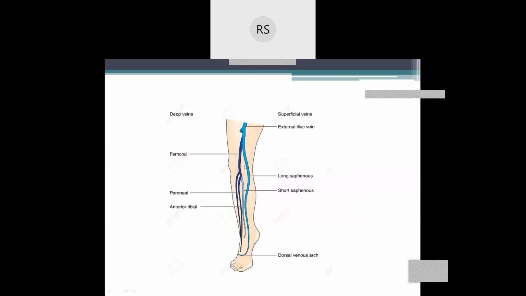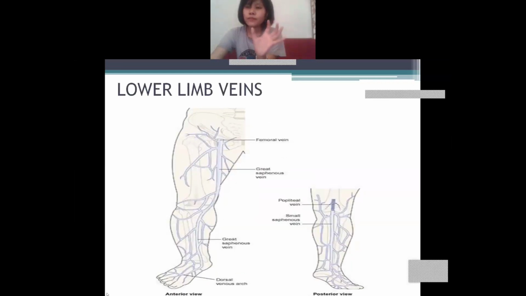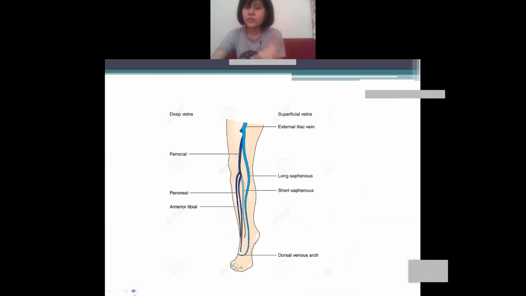The reason I'm using this diagram is because the other one does not specifically show the deep veins and the superficial veins, but in this diagram it is given clearly. That's why I'm using both these diagrams. So the lower limb veins are divided into two types: the deep veins and the superficial veins.